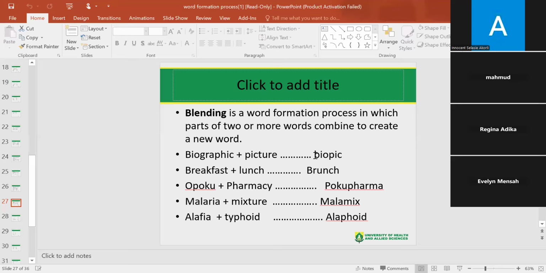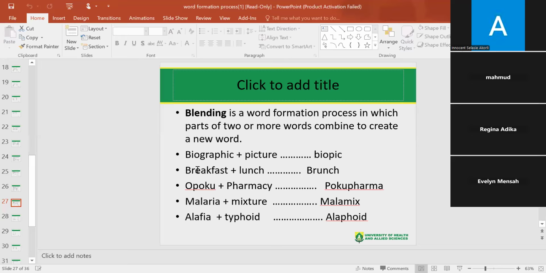If you can see my screen, you can see breakfast plus lunch gives brunch. Now, most of the time, what happens is that the beginning of the first word plus the end of the second.